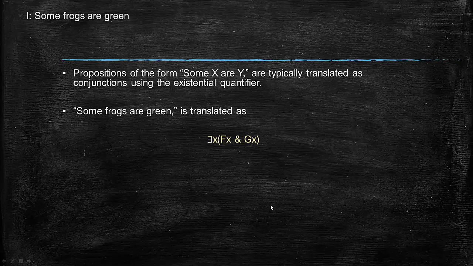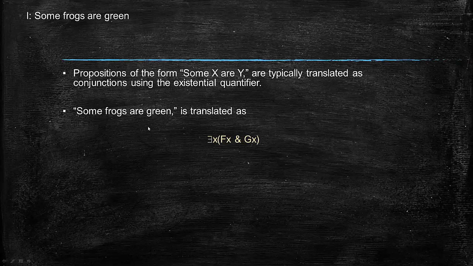This is kind of an interesting thing to think about. Some frogs are green is interpreted as meaning there are frogs in the world. Some frogs are green can't be true if there literally are no frogs.